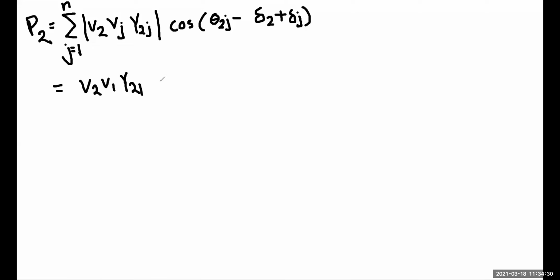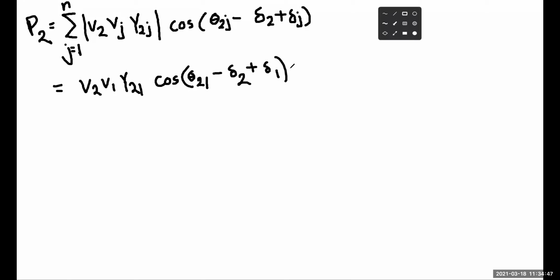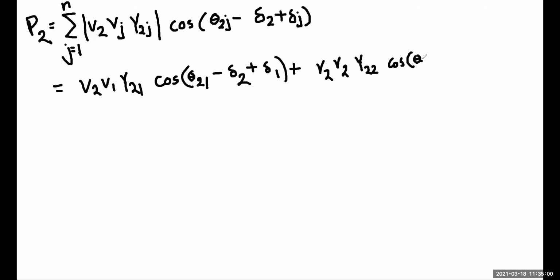Then you have cos theta 21 minus del 2 plus del 1. That means the 1 is completed. Now, when the value of J is 2, V2, V2, Y22, cos theta 22, del 2, del 1. Oh, this one will be del 2 as well.